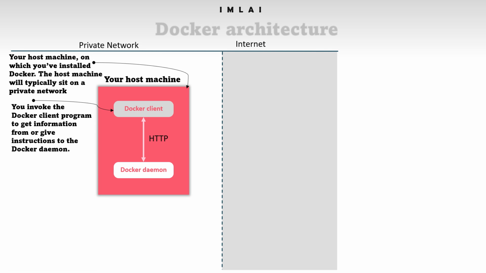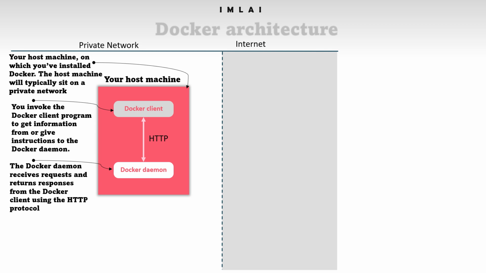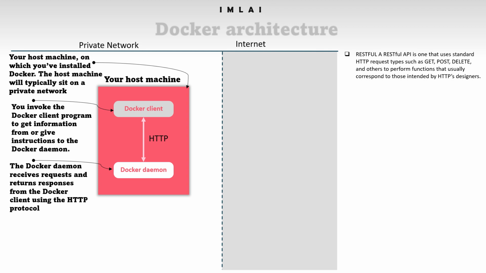You see that this connection is made possible through a RESTful API, which uses standard HTTP request types such as get, post, delete, and others to perform functions that usually correspond to those intended by HTTP's designers. Let's look into this, jump into our host machine, and see whether we have these things there or not.